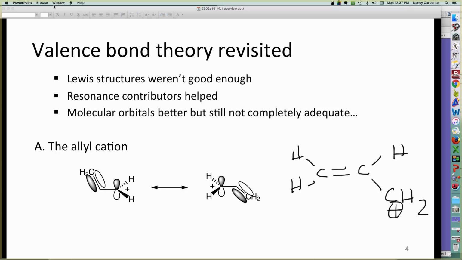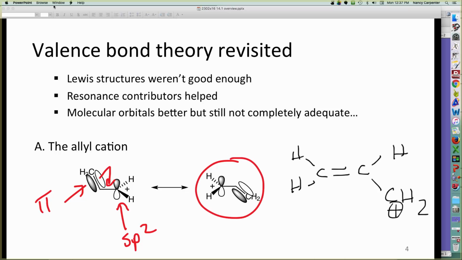Well, we know what that looks like. It's got a pi molecular orbital here, and that's sp2 hybridized, so there you go. But that doesn't make sense. Because I know I can do resonance delocalization to get me to this resonance contributor.